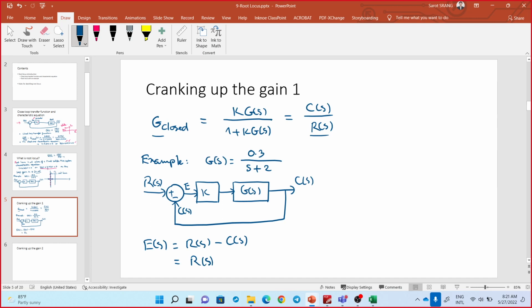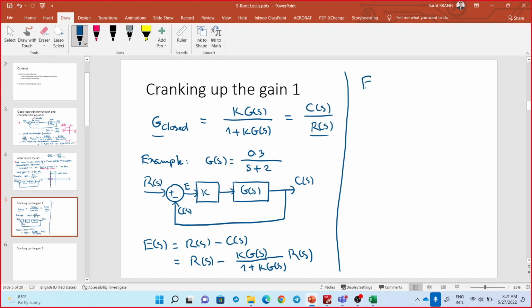So here R of s minus k g of s over 1 plus k g of s times R of s.